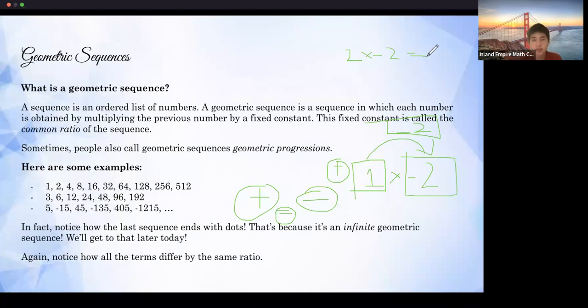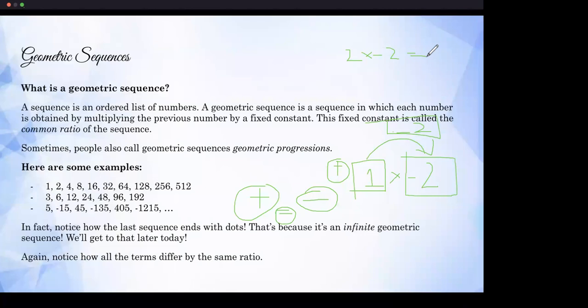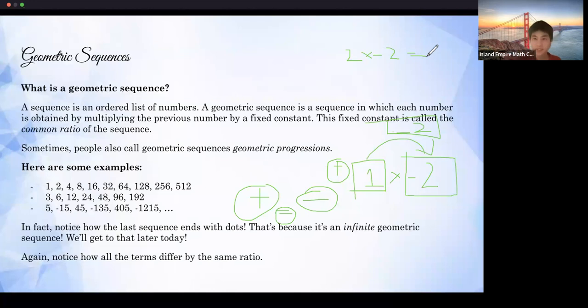What do you think is 2 times negative 2, Lloyd? Negative 4. That's great, Lloyd. It is in fact negative 4. So we see again that a positive number times a negative number gives you a negative number.